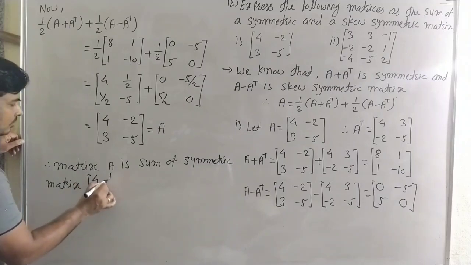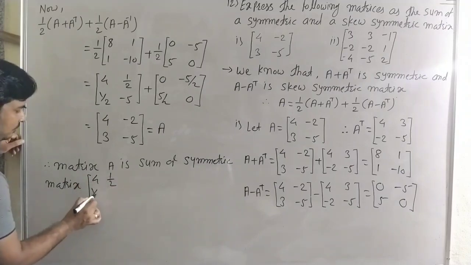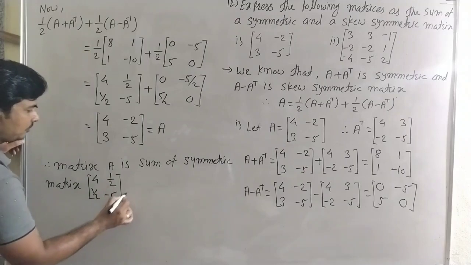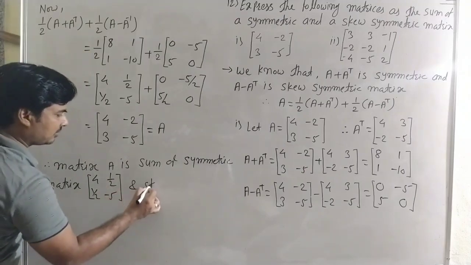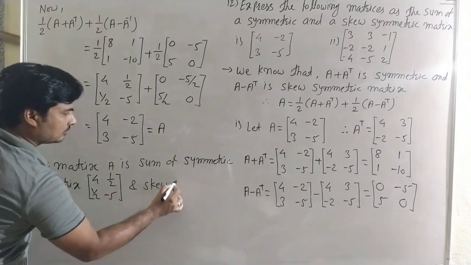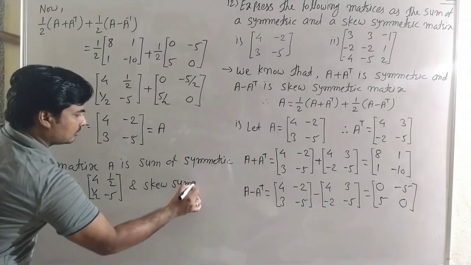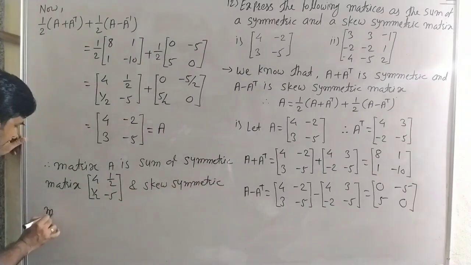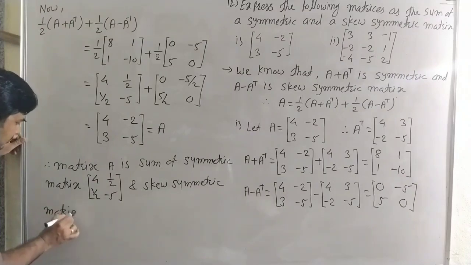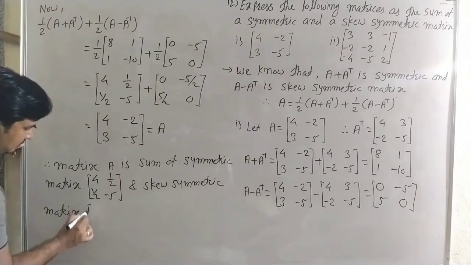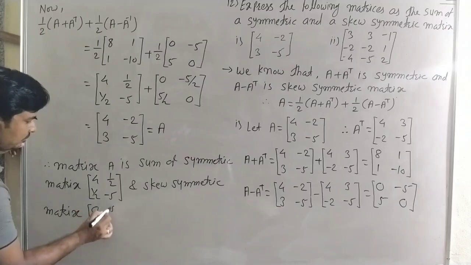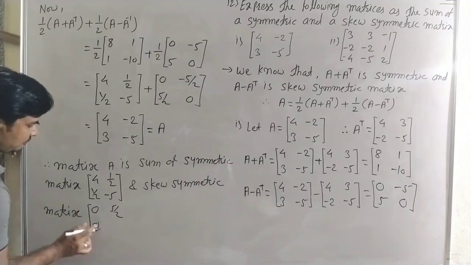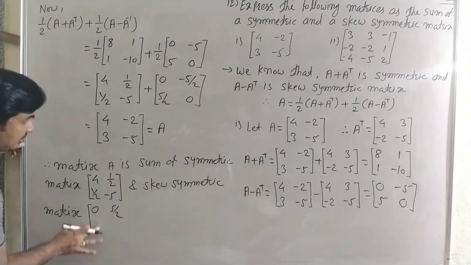[4, 1/2; 1/2, -5], and a skew symmetric matrix, [0, 5/2; -5/2, 0].